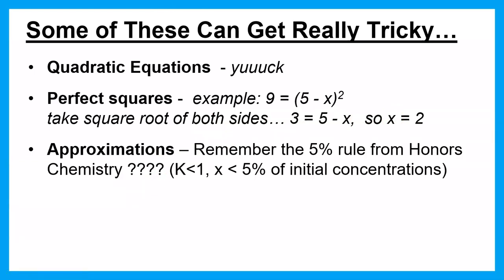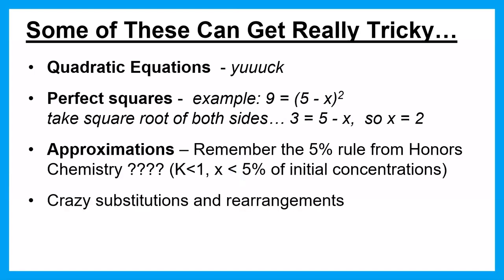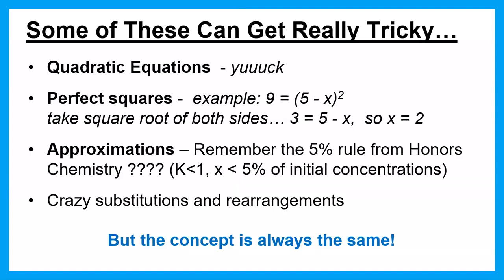Do you remember that, where we were able to simplify? You can go back to your honors chem videos and look through that if you can't remember how to do the 5% rule. But basically, if x is really small, we can ignore it for some of our boxes on our ICE table, which simplifies our algebra. And then you might get some awful substitutions, rearrangements, etc. But the concept is always the same. You're always plugging into an ICE table and trying to solve your values.